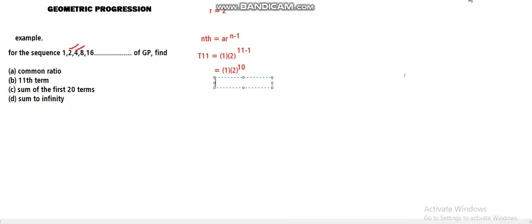When you punch on the calculator 2 to the power 10, you are getting 1024. Then therefore we continue, we say 1 times 1024. That is the same 1024. So that's the nth term. We found it. This is for B.